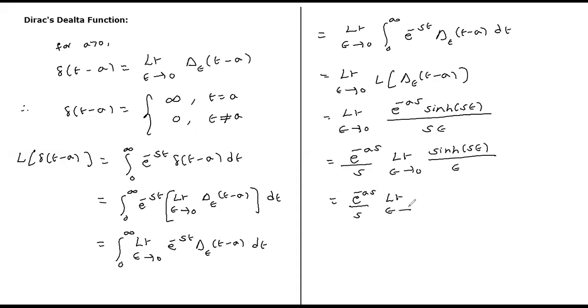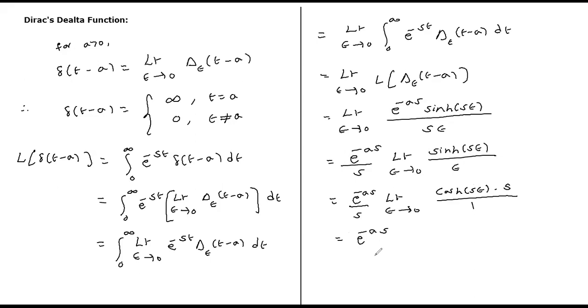So differentiate sin h s epsilon with respect to epsilon. The derivative of sin h is cos h of s epsilon, times s. The derivative of epsilon with respect to epsilon is 1. As epsilon tends to 0, cos h 0 is 1. s gets cancelled. So what is remaining? e power minus as.